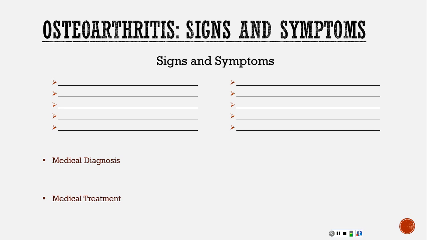What else? Yeah, the knobs and nodules. Those nodules, Bouchard's and Heberden's nodules. Those are the two different types you'll commonly see. Bouchard's is B-O-U-C-H-A-R-D.